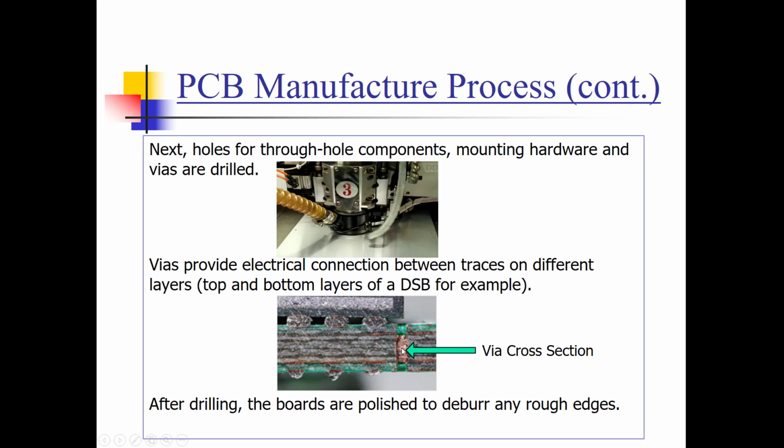Copper is put on the inner walls of the via, and that's what makes the connection between the layers. These holes are drilled by a computer-controlled drill, and after the drilling, they clean up the board by polishing it and getting rid of any rough edges.